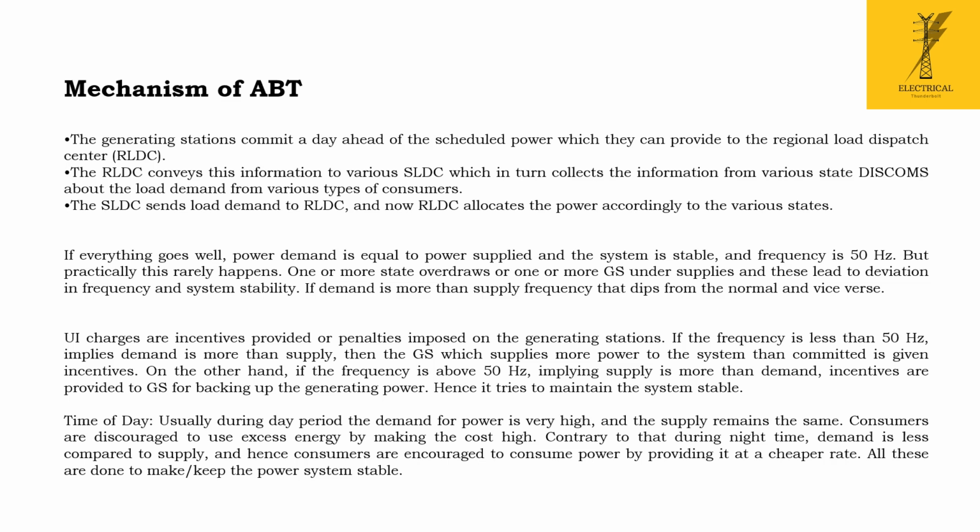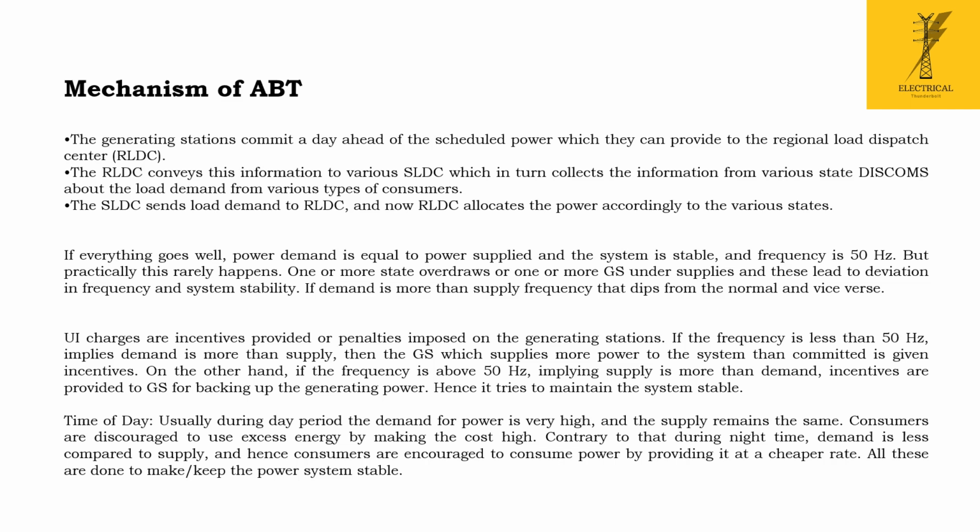At that time, the generating stations which supply more power to the system than committed get incentives. I committed only 2 megawatt, but now the load is asking, no, at present I want 3 megawatt. Can you do that? Yes. If I do that, then I will get some incentives.